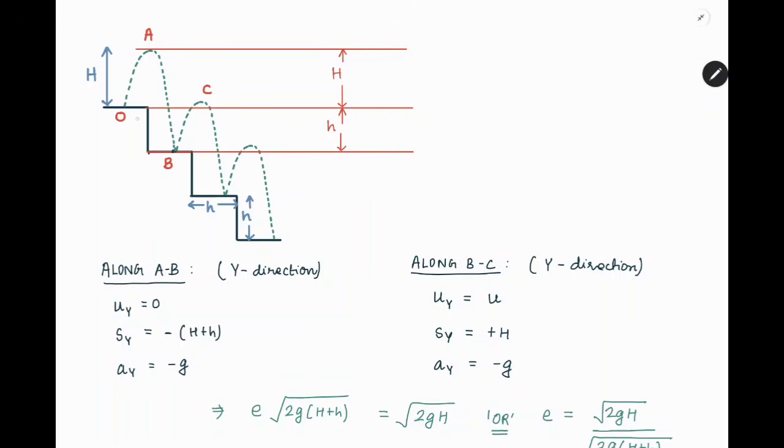Otherwise I can just mention that if this entire width can be written as x, then this distance will be written as h minus x, and then again it will be written as h minus x, and this part will be written as x. So eventually the displacement is x plus h minus x.